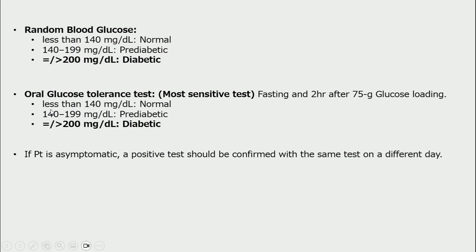If it's less than 140, it's normal. If it's 140 to 199, it's pre-diabetic, and if it's equal to or greater than 200, it will be diabetic. And if the patient is asymptomatic and you get a positive result on any of these tests, you have to repeat the same test on a different day.